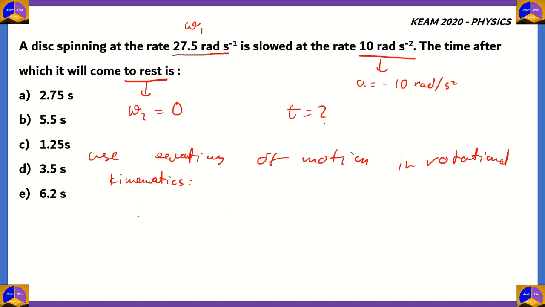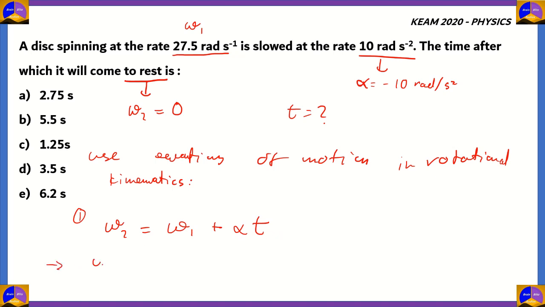The only difference is that you replace velocity and acceleration with angular velocity and angular acceleration. The first equation, which we'll use here, is omega 2 equals omega 1 plus alpha t. Omega 2 stands for final angular velocity, omega 1 for initial angular velocity, alpha for acceleration, and t for time taken.